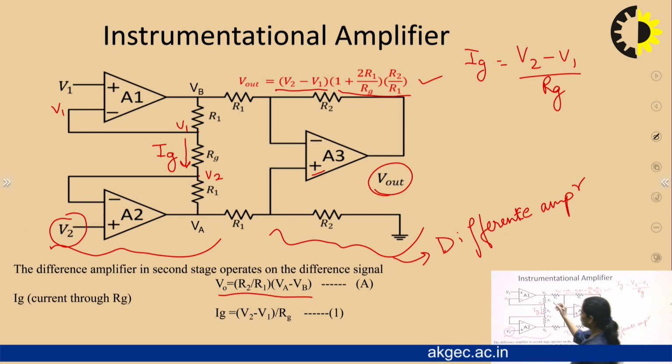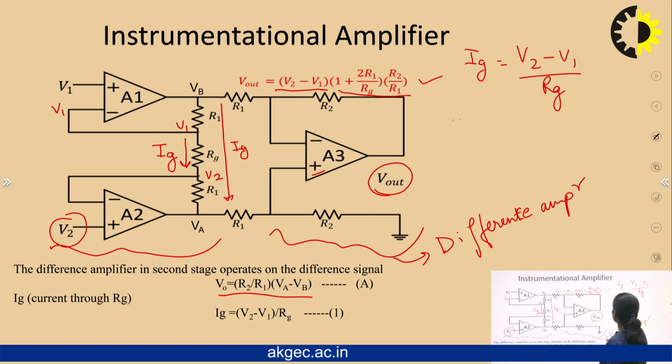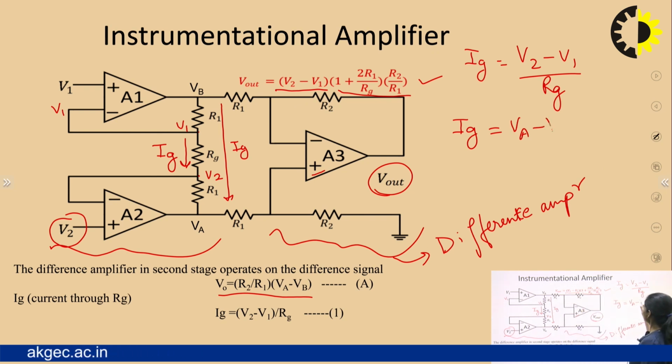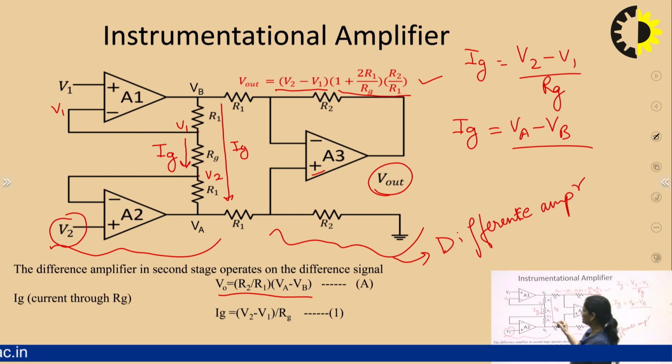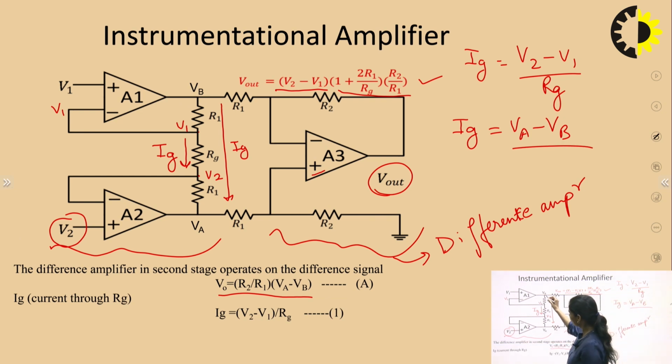The current across this terminal can also be represented as IG, so IG should be equal to VA minus VB upon the resistance. You can see the bias current across the non-inverting amplifier, IB, is nearly equal to 0, so no current is flowing into the base.